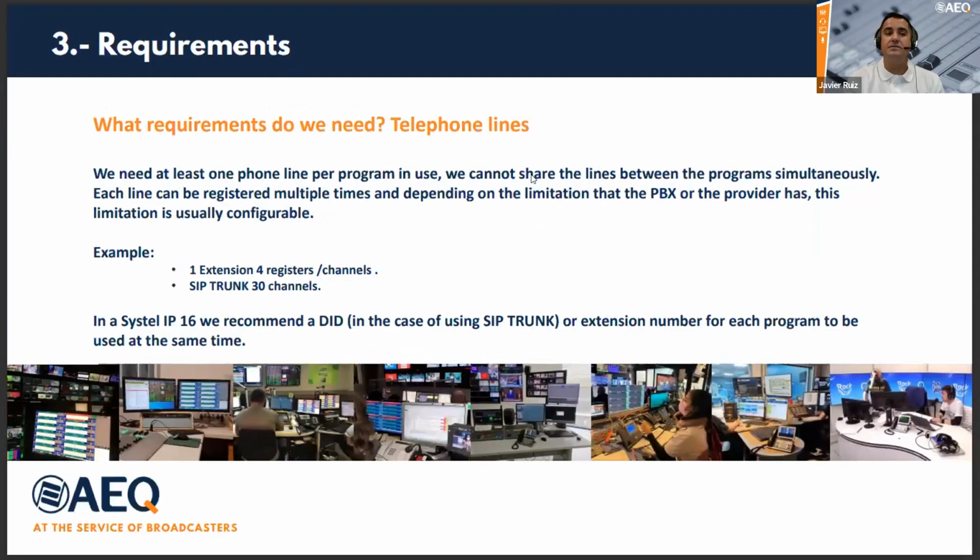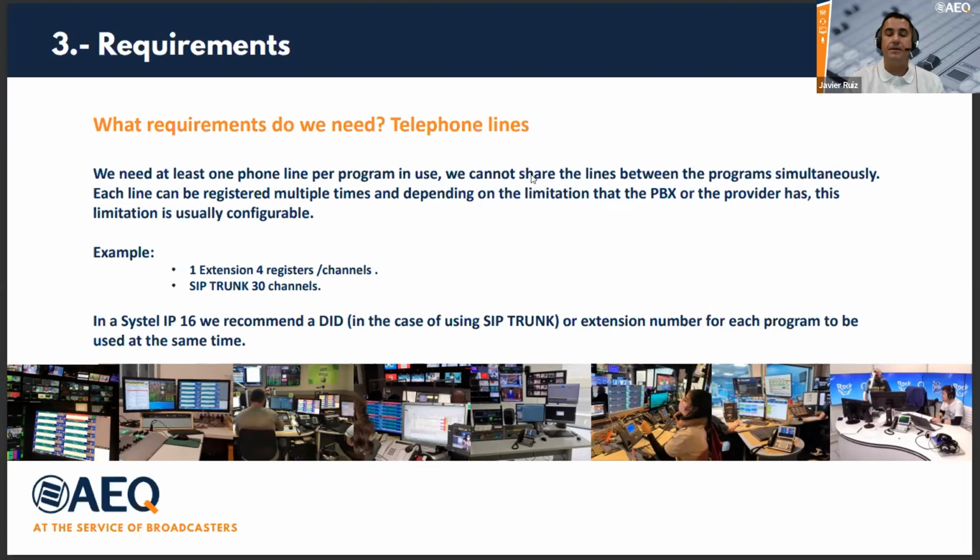About telephone lines, we need at least one phone line per program in use. Why? Because we cannot share the same lines, the same numbers, between programs on air simultaneously.